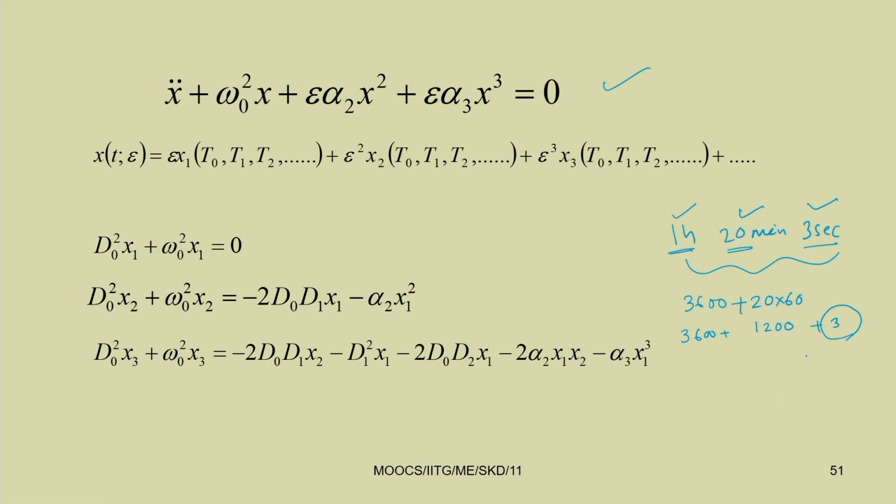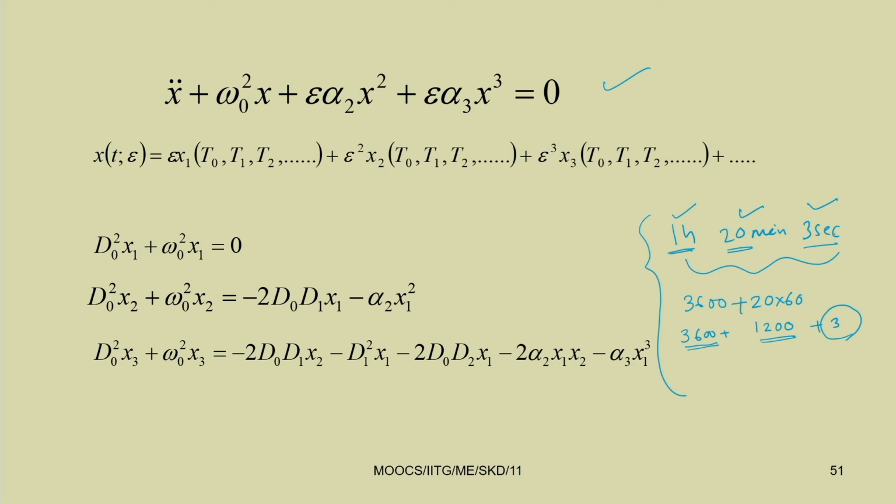To take care of this 3 seconds, we define different time scales, for example 1 hour, 20 minutes, 3 seconds. Here all the time terms get prominence. Though 1 hour equals 3600 seconds, we state it in terms of hours instead of seconds. Similarly 20 minutes is 1200 seconds, but we state it as 20 minutes.